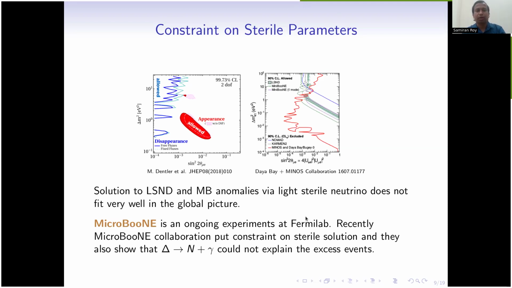MicroBooNE recently measured the electron type of signals, and they find no excess of electron type signals in the detector. So they constrain the sterile hypothesis also. And they also measured the Delta to N gamma process, and they conclude that this can't explain the MiniBooNE excess.